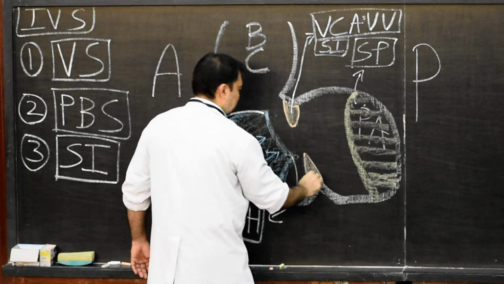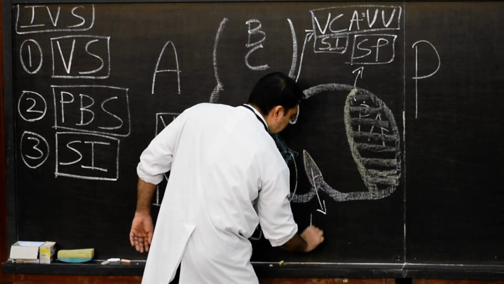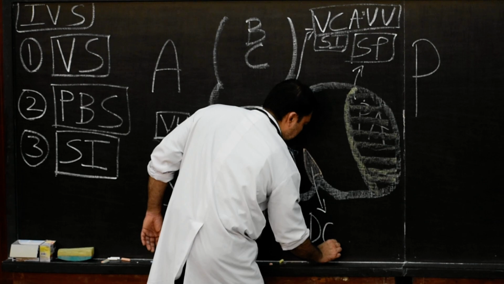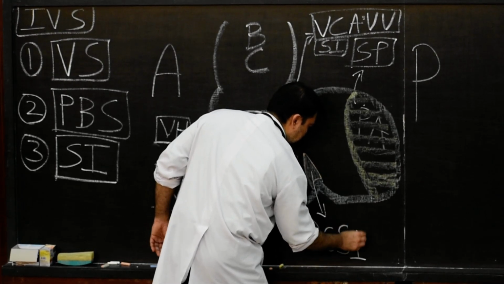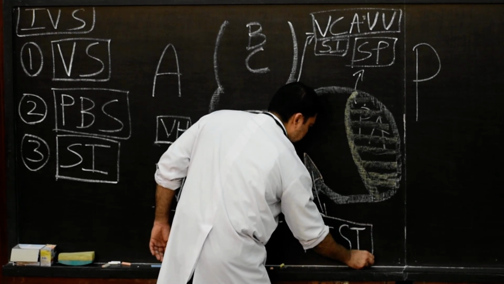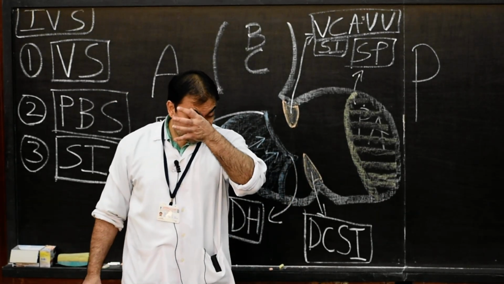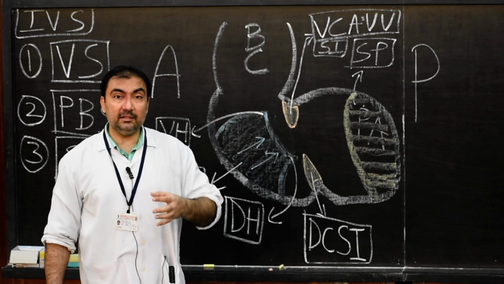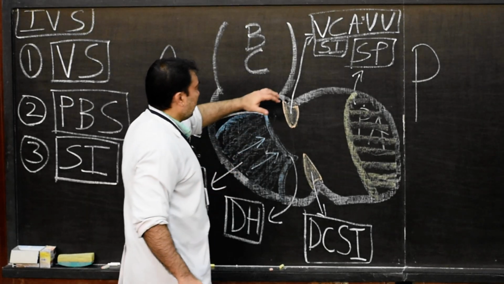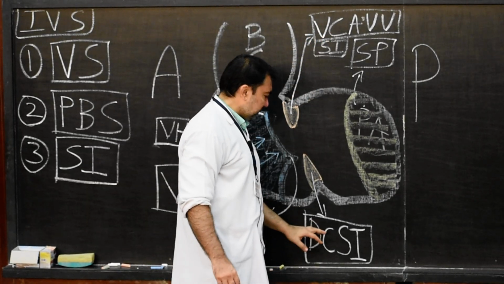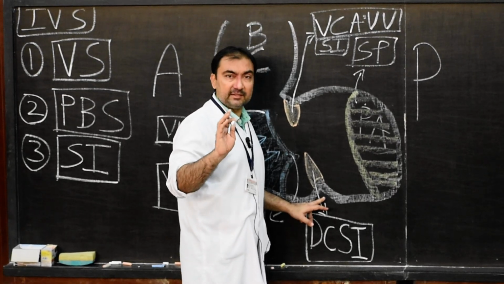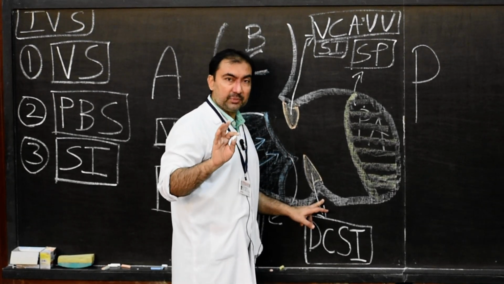Now here, this one, this will be the dorsal cushion of septum intermedium. Here, now this ventral cushion of septum intermedium, dorsal cushion of septum intermedium, at this point we keep it simple.